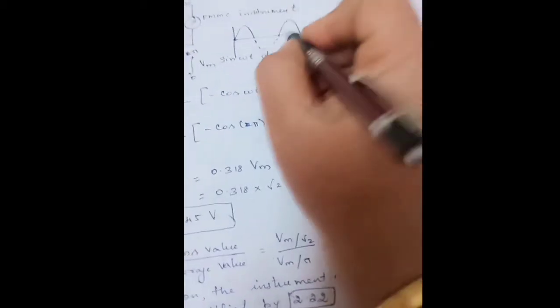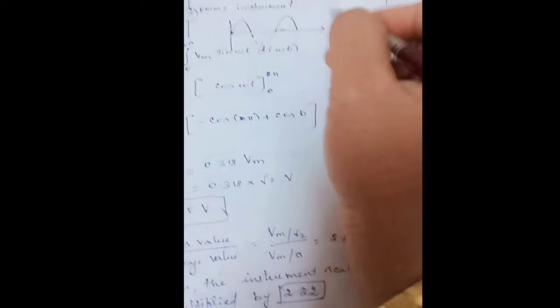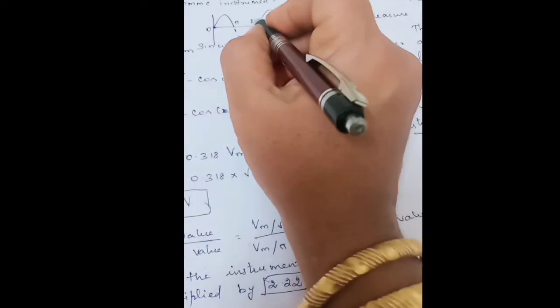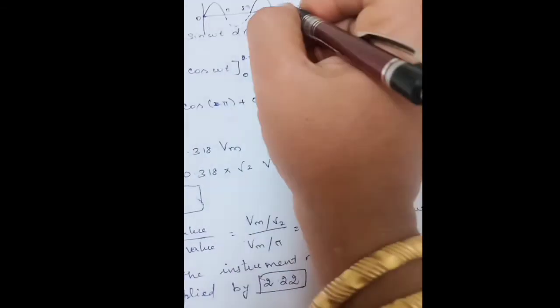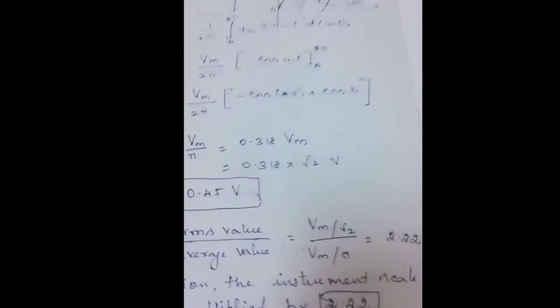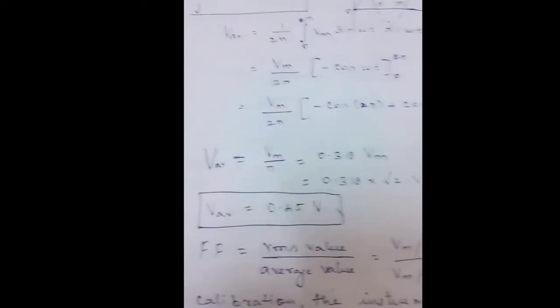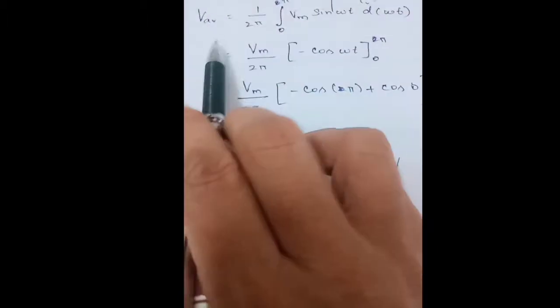Then once again at the positive half we will be getting output. So this is from 0 to pi, and this is from pi to 2 pi, and from 2 pi to 3 pi. So this is the output of a half wave rectifier circuit. Based on that we are going to derive the V average equation now.